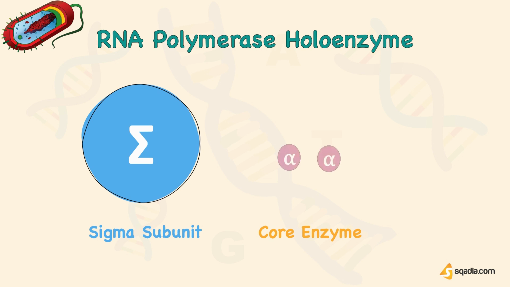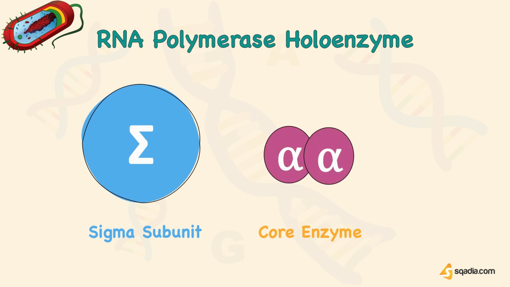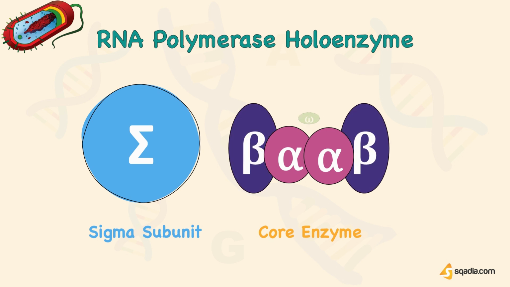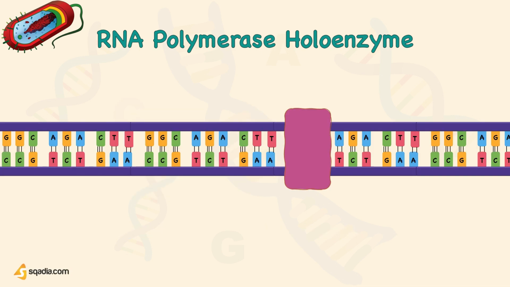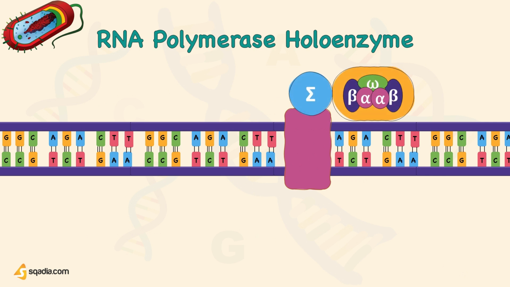Core enzyme subunit has further two alpha chains, two beta chains and one omega chain. Core enzyme then binds with sigma subunit. Sigma subunit will help in binding with the promoter region to initiate transcription.